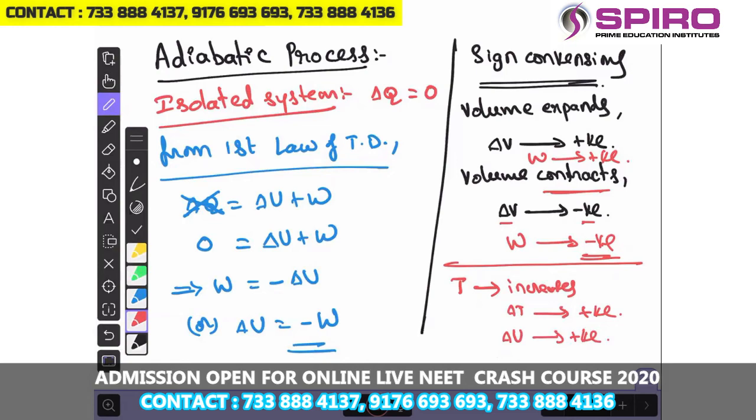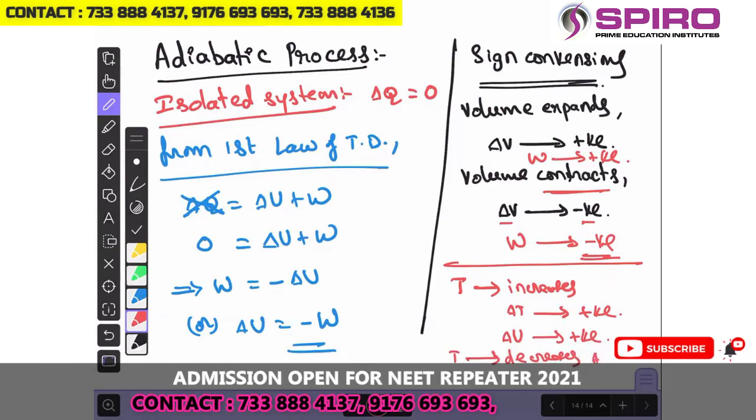Otherwise, if temperature decreases, then delta T will be negative, and delta U also negative.